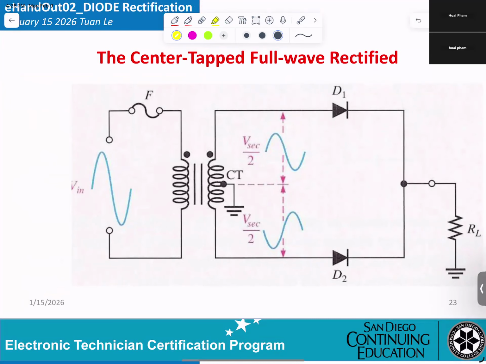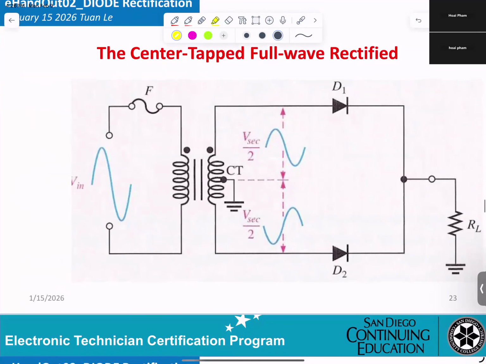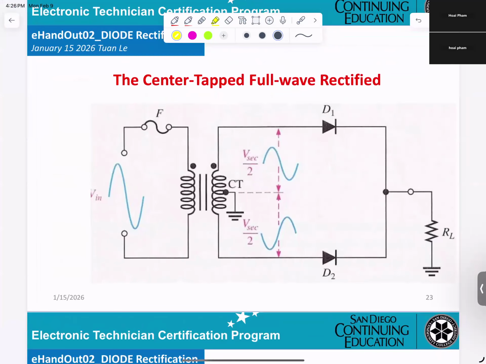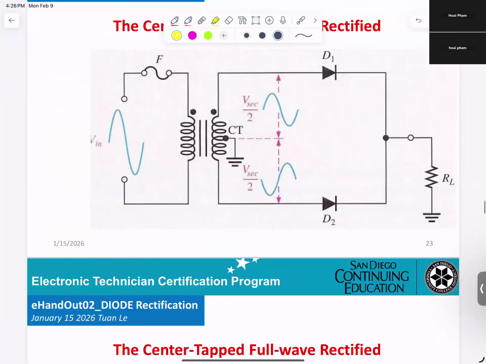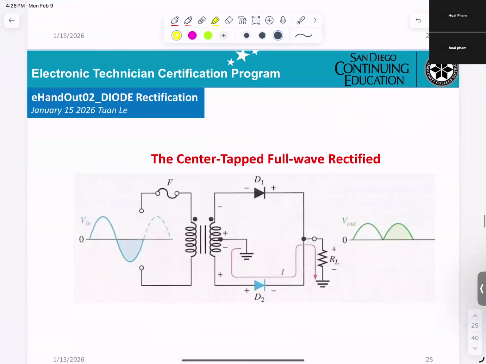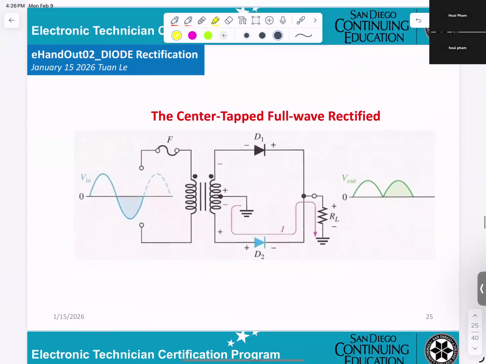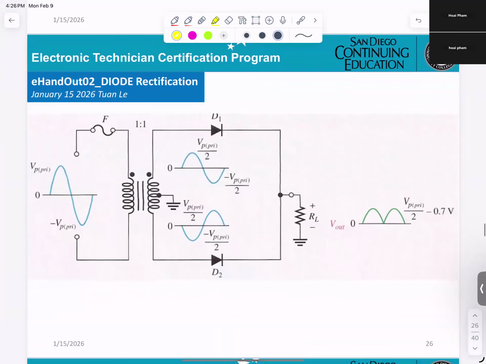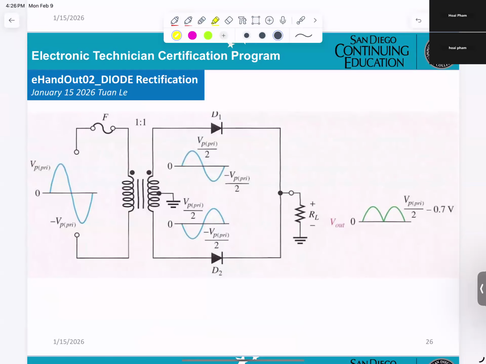This is just a more detailed version. On the full wave, they have given you more detail. Full wave rectified. That's what they have given to you.